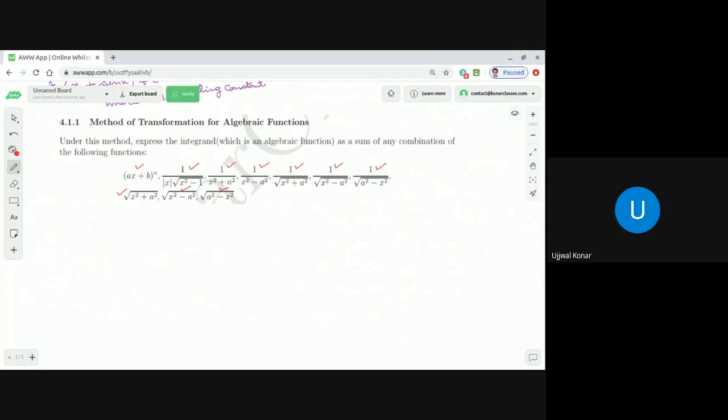So whenever we have an algebraic function for which there is no standard formula, our target will be to express that algebraic function, suppose I say that function is f(x), as a sum of any combination of these functions.